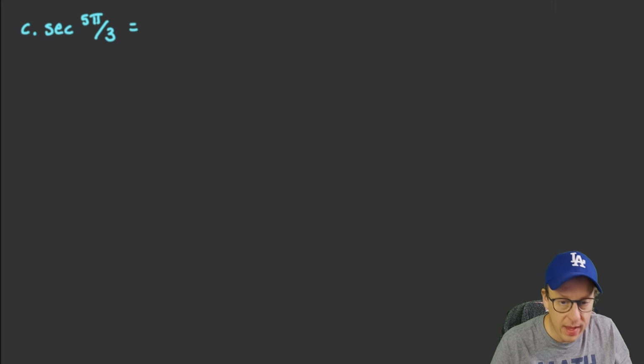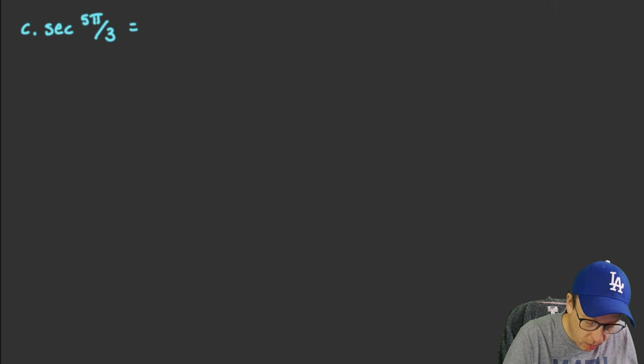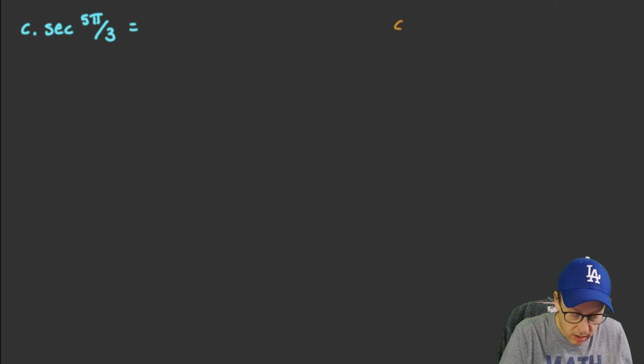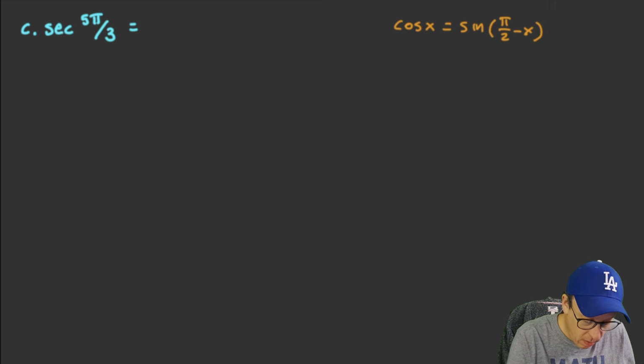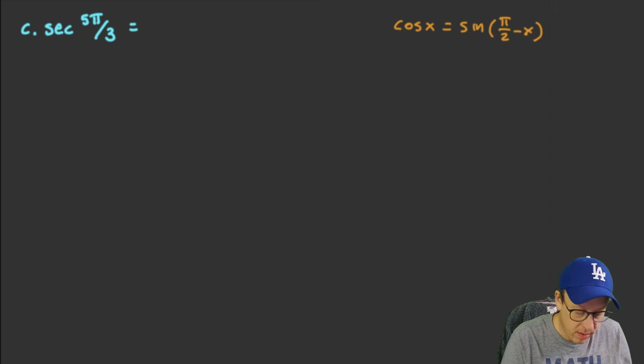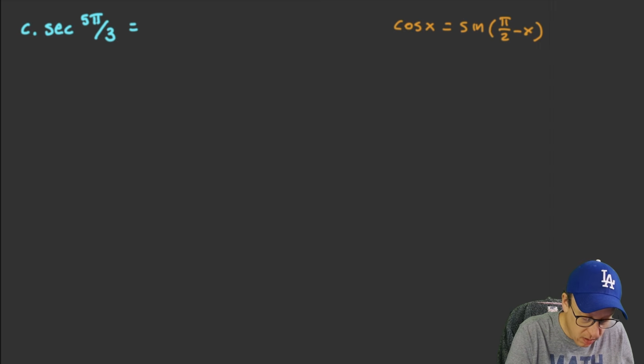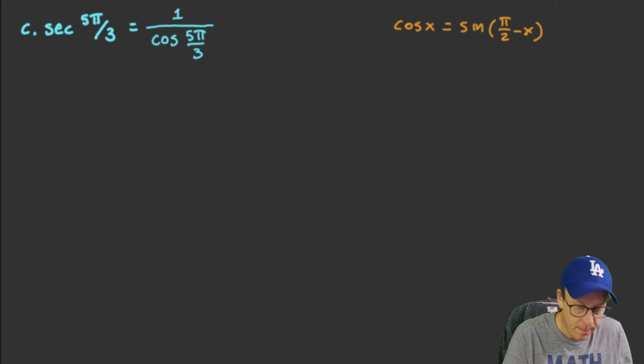Okay, so we know that this is another rule. I'll write the rules over here. Cosine of x is equal to the sine of pi over 2 minus x. So what we can do here is say that this is equal to the cosine of 5 pi over 3 over 1.